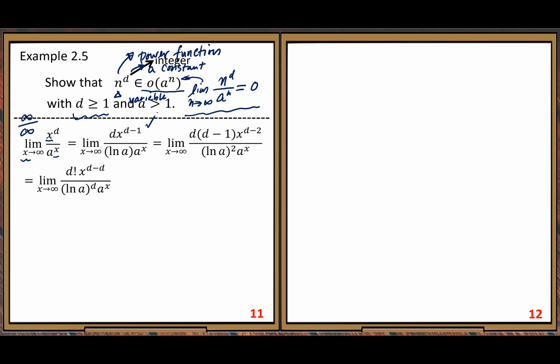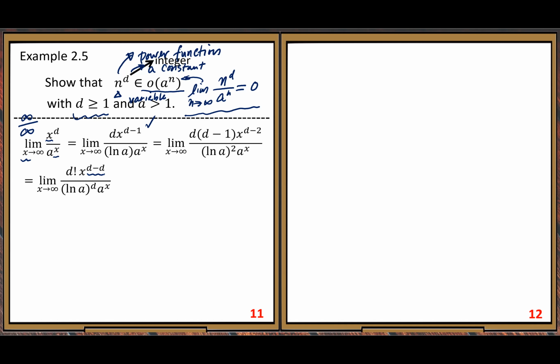After you do it d times, since we assume d is an integer, x to the d minus d becomes x to the 0, that's 1. Then the numerator is not an indeterminate form. The numerator is d factorial, a fixed number. When x changes, the numerator does not change.